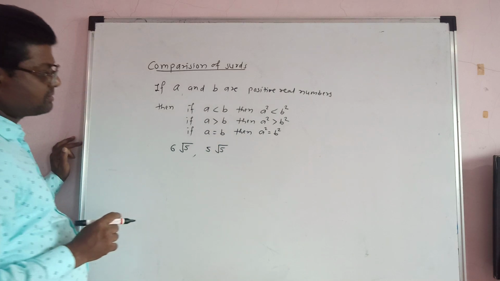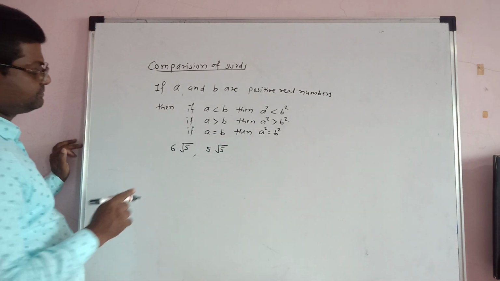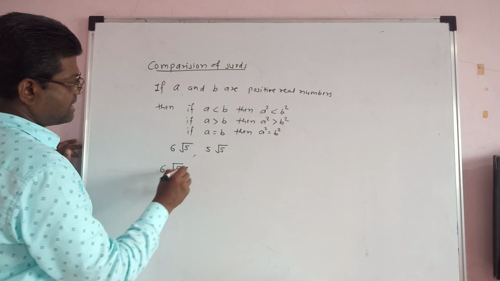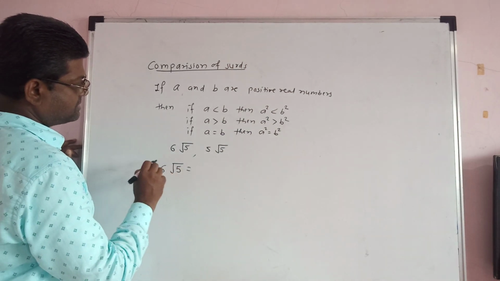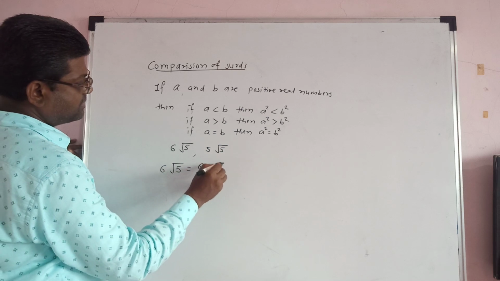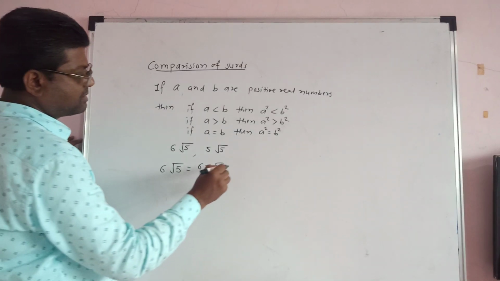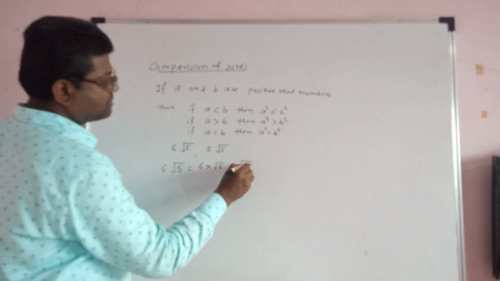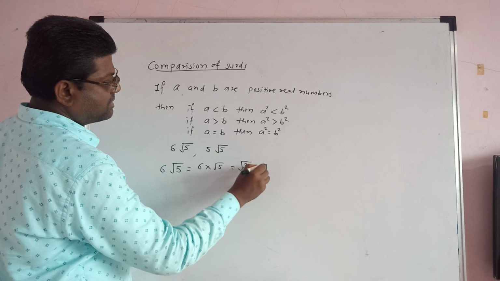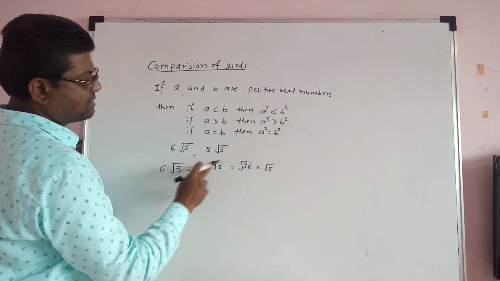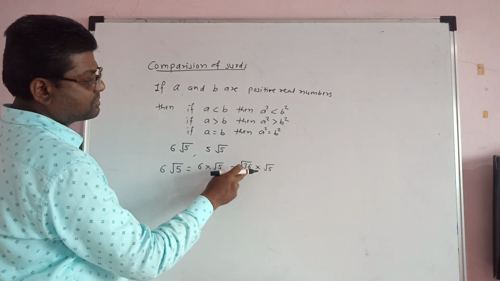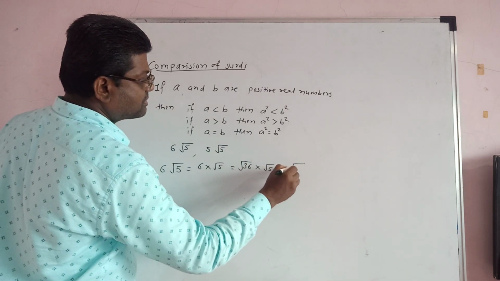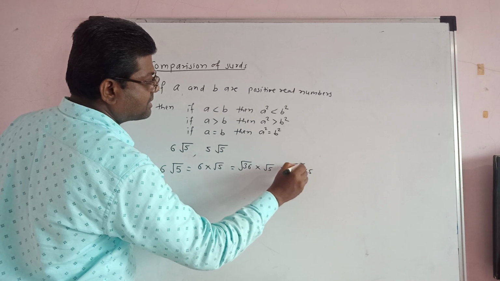These two surds we have to compare. 6 root 5 can be written as 6 into root 5, which is equal to root 36 into root 5, since the square of 6 is 36. That is equal to root of 36 into 5.